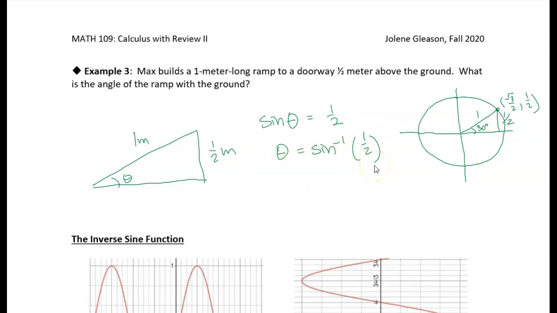You've got an inverse sine on your calculator. Or you could just use the unit circle. And we know that that angle had to be 30 degrees, or pi over 6, right? So there's an example where these inverse trig functions come in handy.